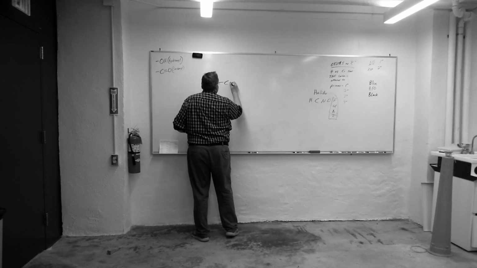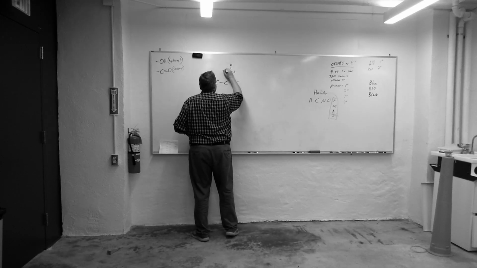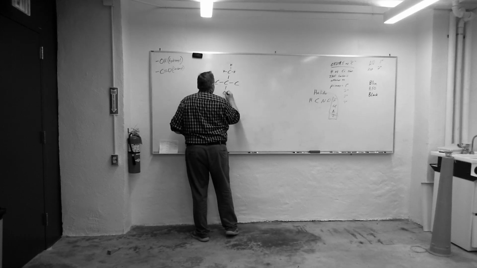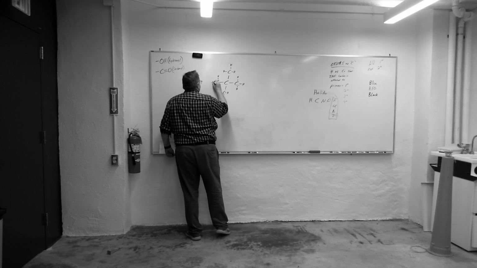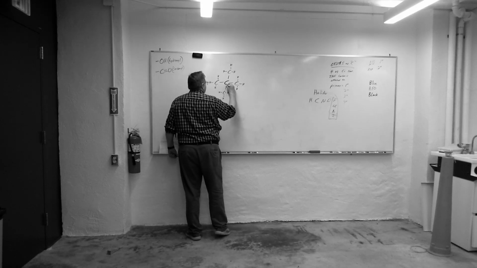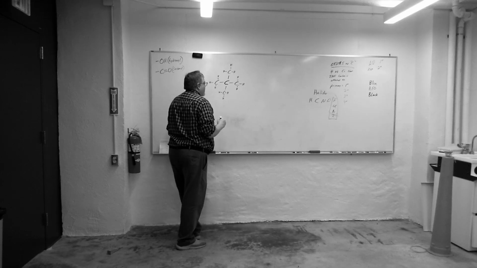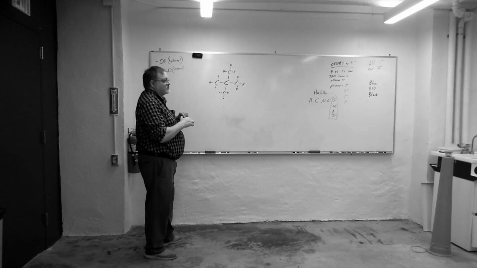And one more little detail. It is possible to have a structure like this. This is just carbon and hydrogen. It's not really a functional group. But this carbon, what's the order of that carbon in the middle? How many carbons is it connected to?